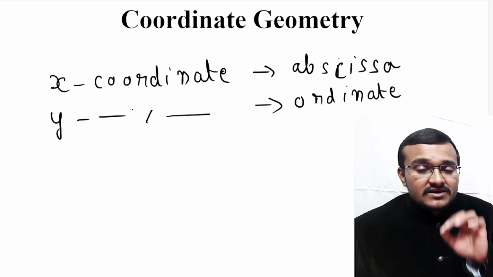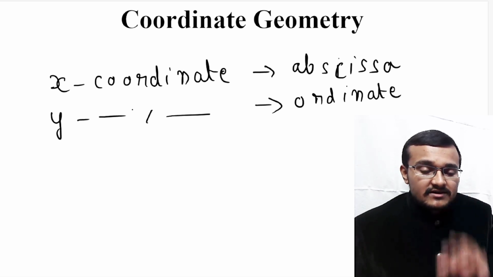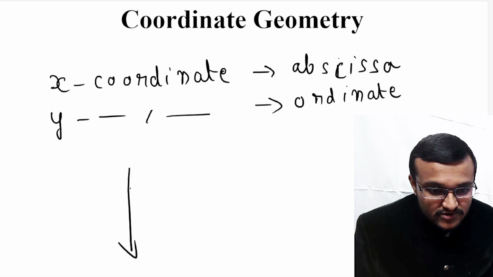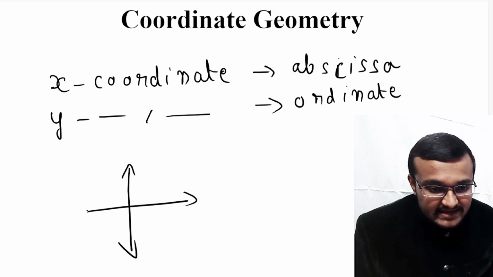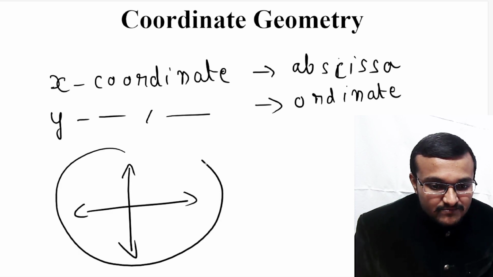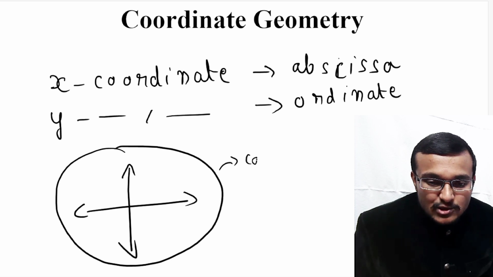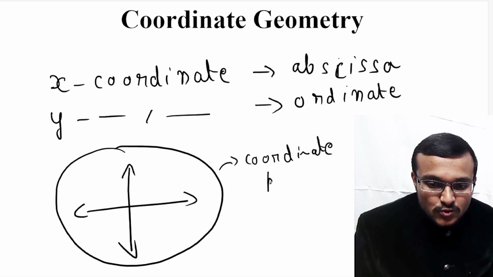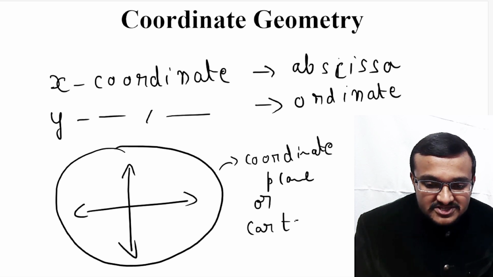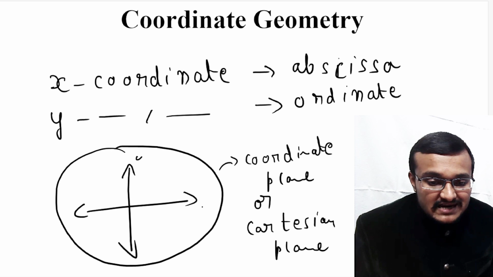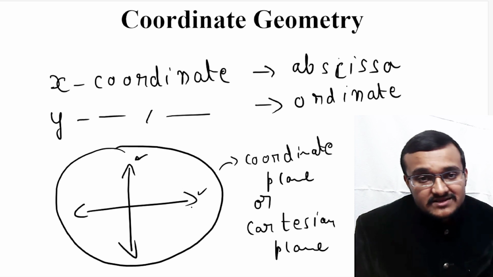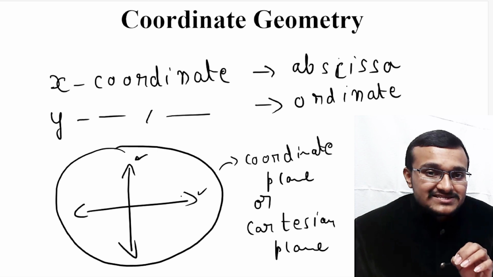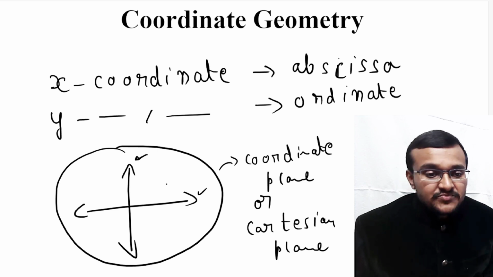And always remember, whenever you draw an x-axis and a y-axis, this entire plane is known as the coordinate plane, or the Cartesian plane. This Cartesian plane has two dimensions, that is, the y-axis and the x-axis, which we call the coordinate axes.